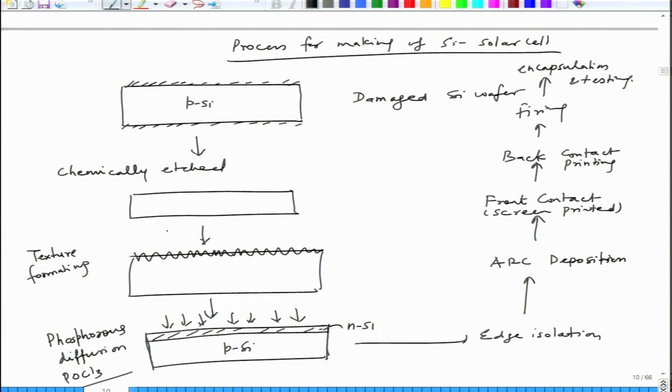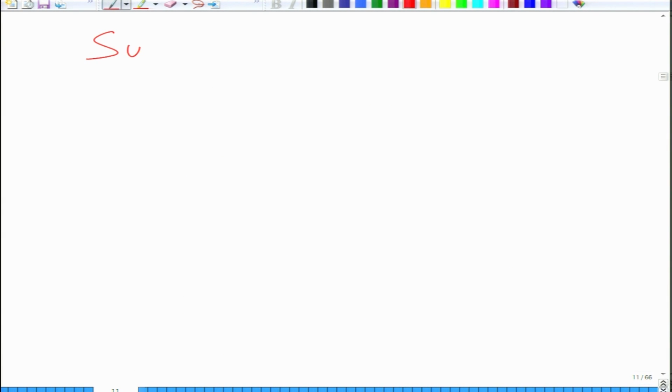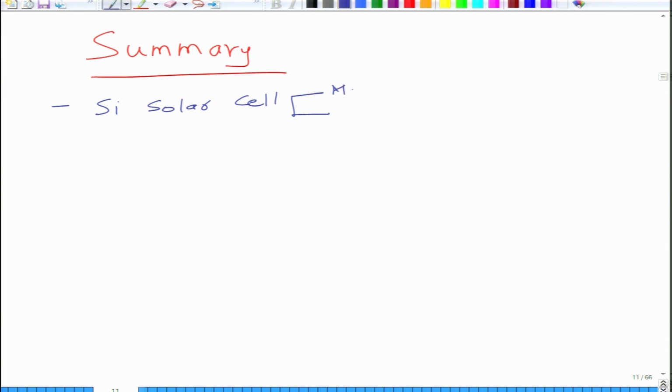So, just to summarize for silicon, we have looked at silicon solar cells in quite some detail for both mono and poly. We also looked at design strategies to improve the silicon quality, to improve the performance.